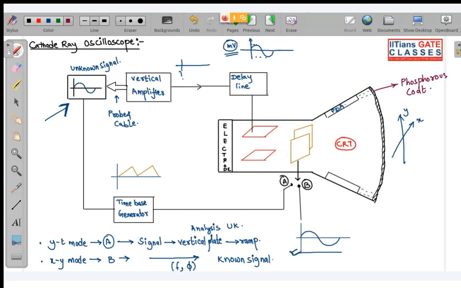What I said: a thick phosphorus coating acts as a screen which has fluorescence property. Okay, next point.